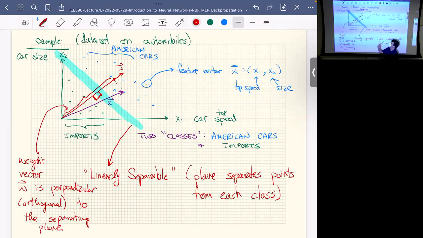And so if I can find that weight vector, then all I need to do is define a bias term, and that bias term tells me where the plane is.